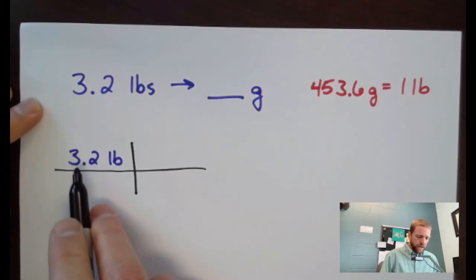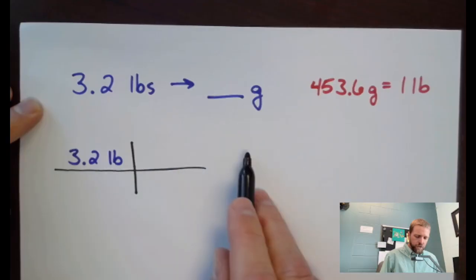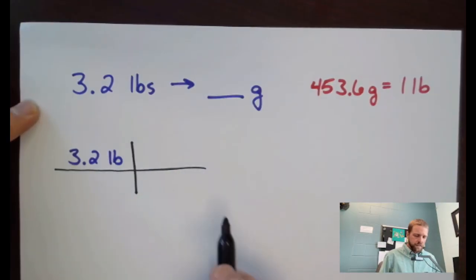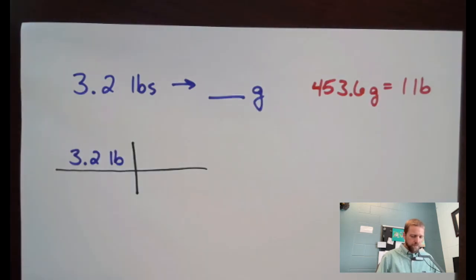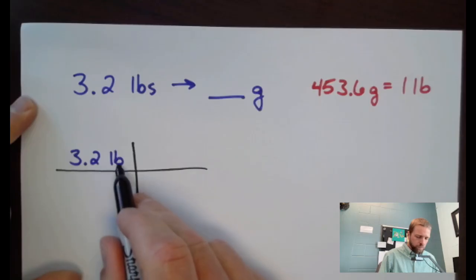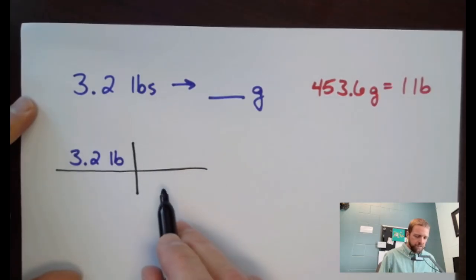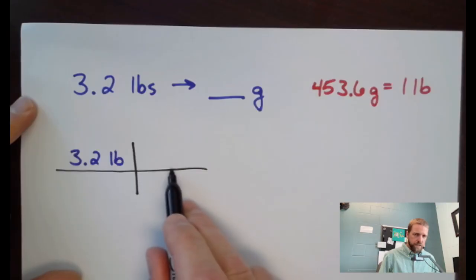And so I will multiply across the top and then divide that by everything in the bottom. Okay, so what this means is I'm going to take 3.2 pounds, I'm going to multiply it by whatever is here, and then I'm going to divide that by whatever's down here.